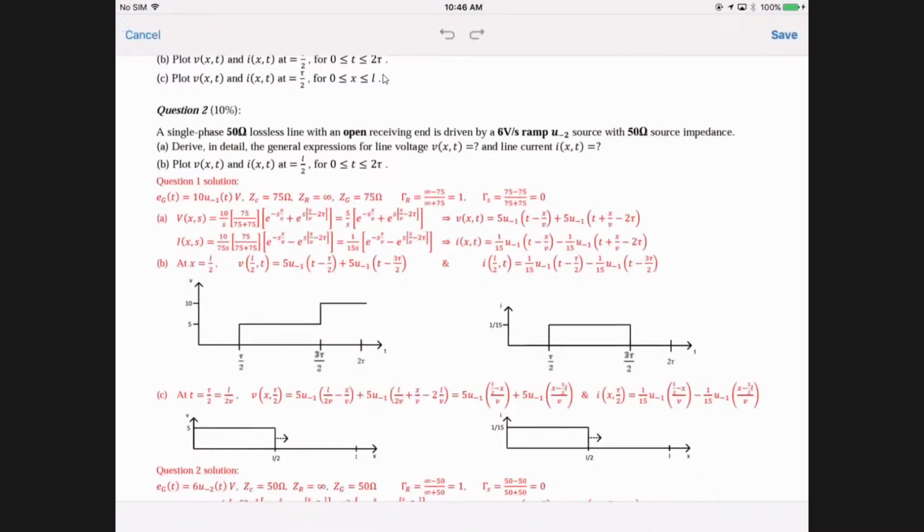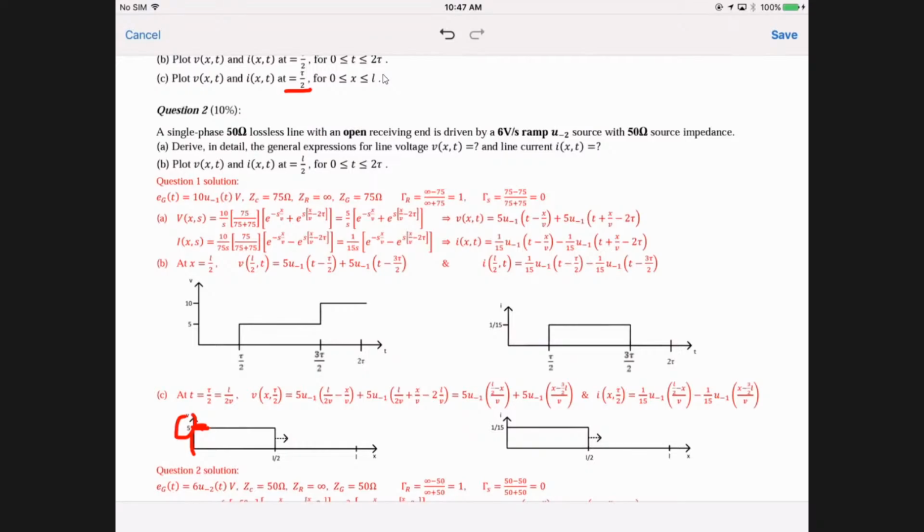Okay, very good. C part at t equal to tau over 2. So the wave is at x equal to 0. Do you agree you see 5 volts? Yes. Okay, you agree with that.